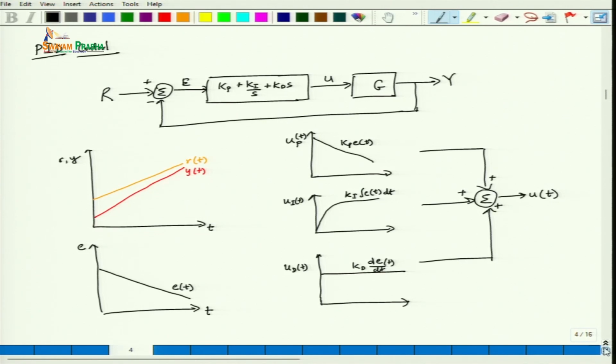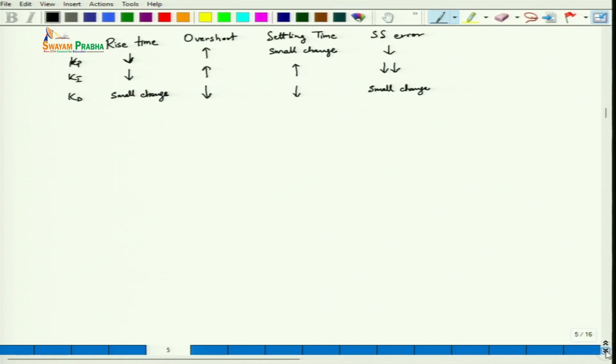So in that scenario this noise is introduced in the error, and if there is a derivative gain, the noise in the error can be amplified in the control input and will reach the system. That is not desirable, and therefore sometimes the derivative gain is not used, or if the derivative gain is used, we have to add a filter.